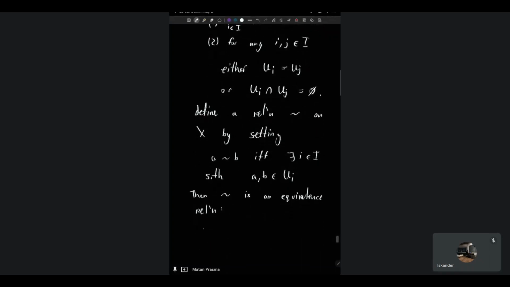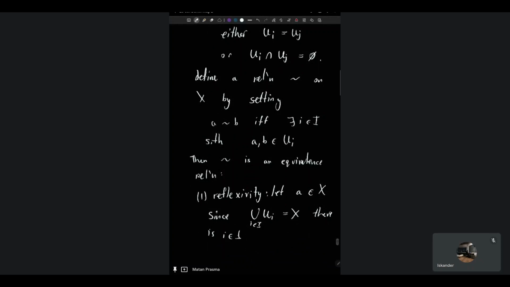Let's check it. I need reflexivity. Reflexivity: let a be some element in X. Since the union of all U_i is X, there exists some index i in big I such that a belongs to U_i.